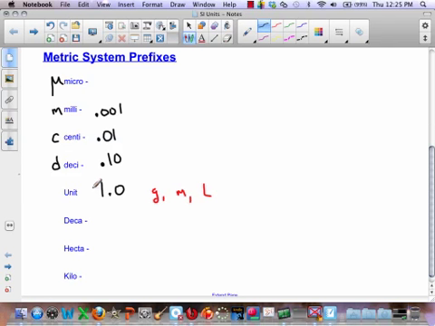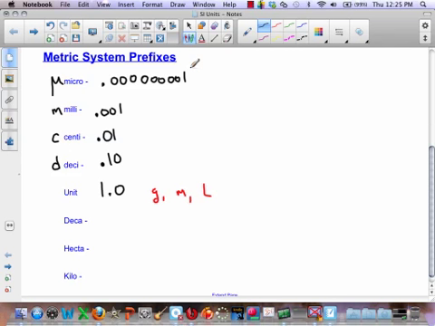What that means is 0.000001. All right, so that's going in a really small direction. Now let's go toward the big direction.